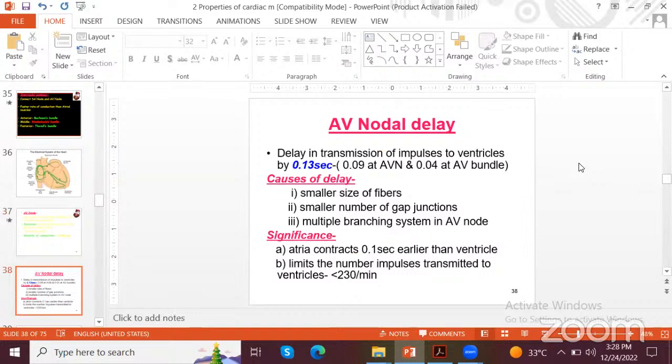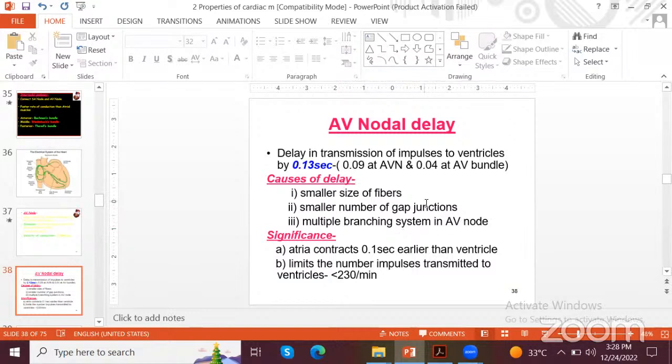The delay is around 0.13 second, that is around 0.09 at the AV node and 0.04 at the AV bundle. The delay is due to the smaller size of fibers in the AV node, a smaller number of gap junctions, and a multiple branching system.